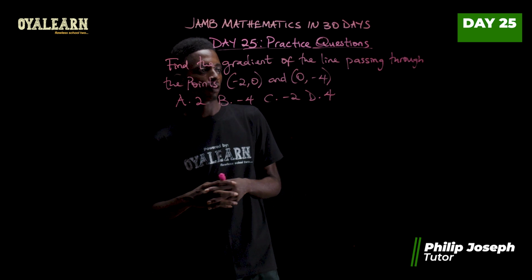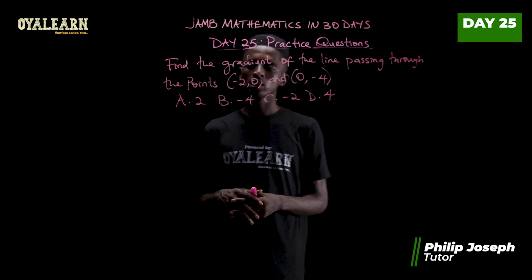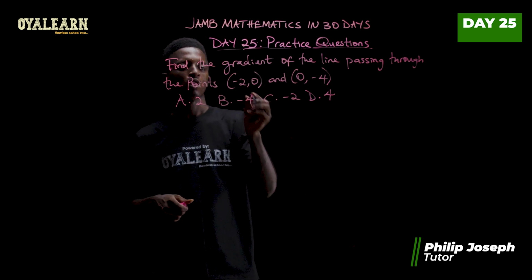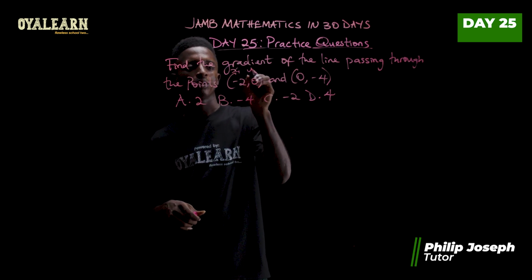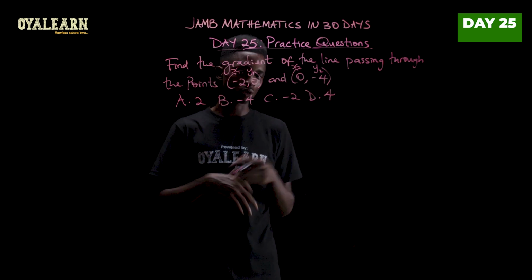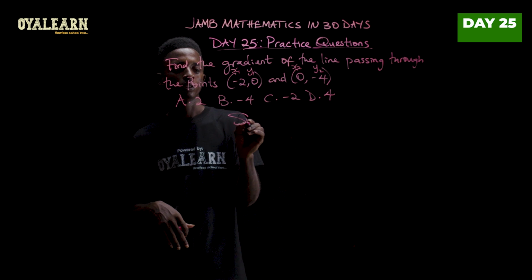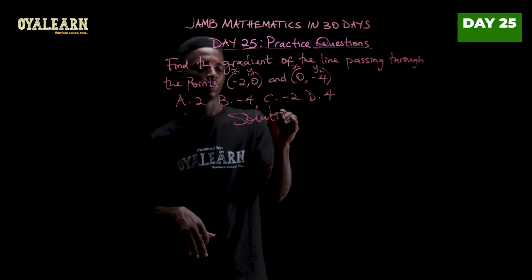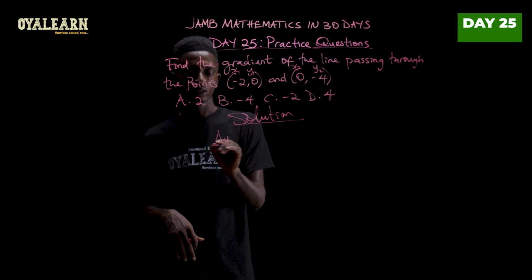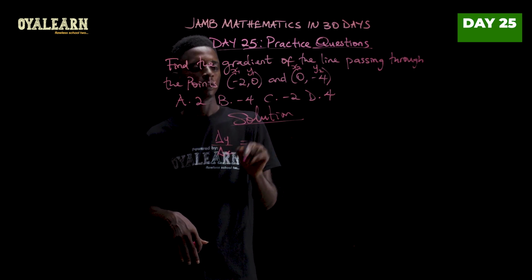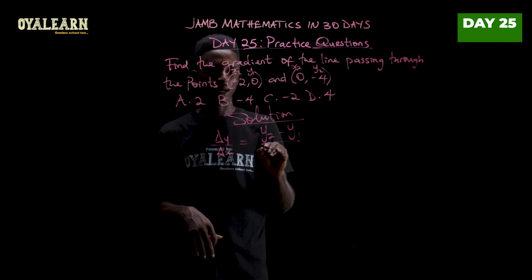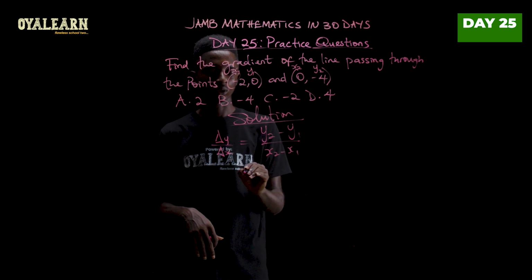Find the gradient of the line passing through the points minus 2, 0 and 0, minus 4. So we call this x1, this will be y1, and then this will be x2, this will be y2. So let's solve. The gradient will therefore be y2 minus y1 over x2 minus x1.